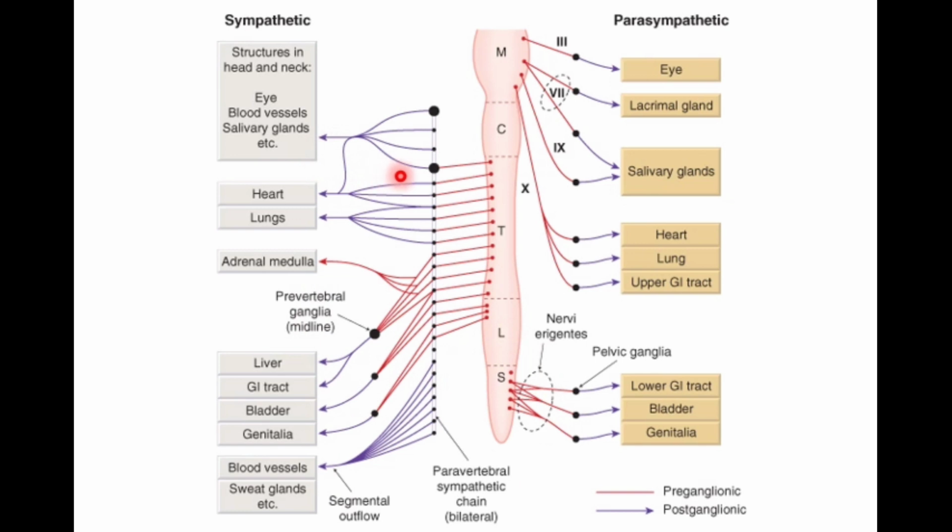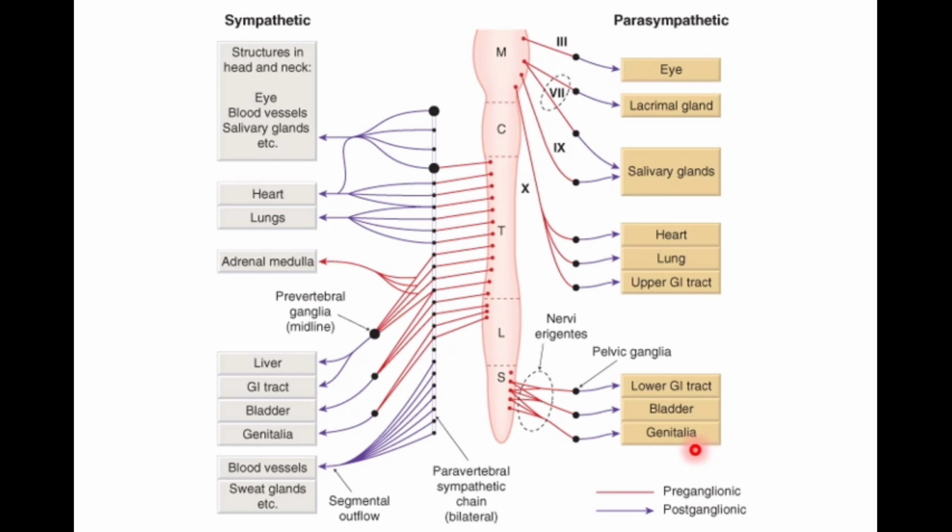This diagram is presenting the effector organs innervated by sympathetic and parasympathetic pathways. We are going to explain the effect of drugs on every individual organ shown in this picture.